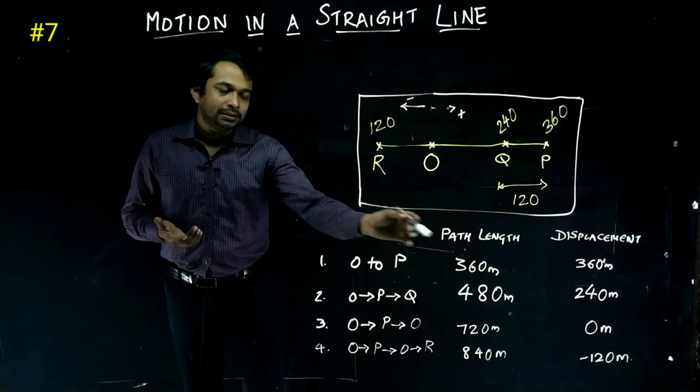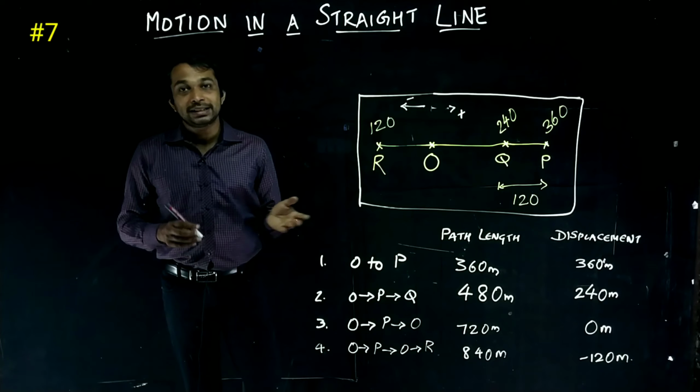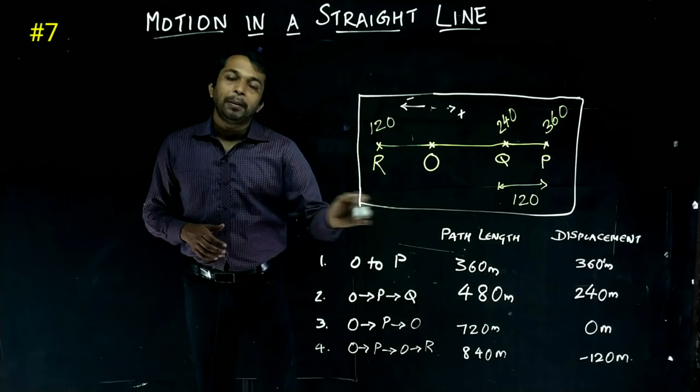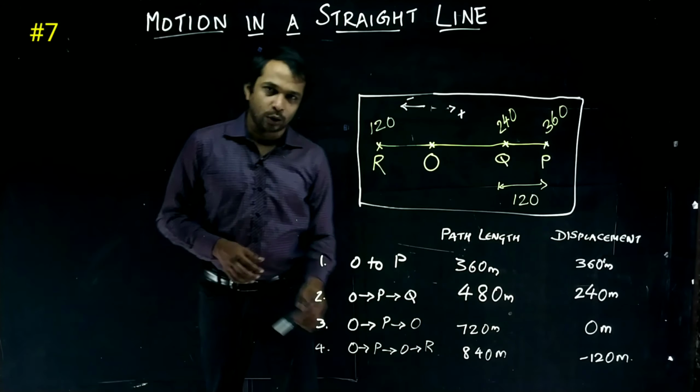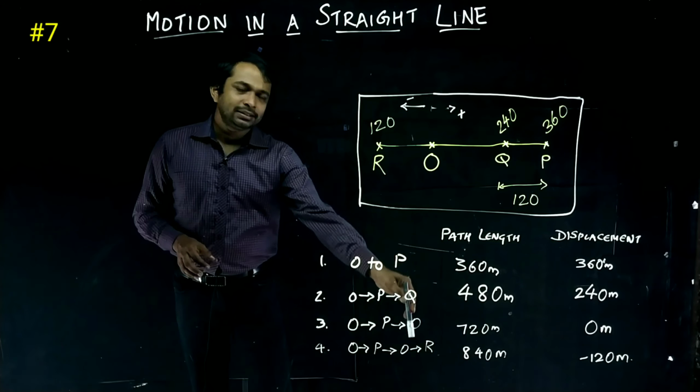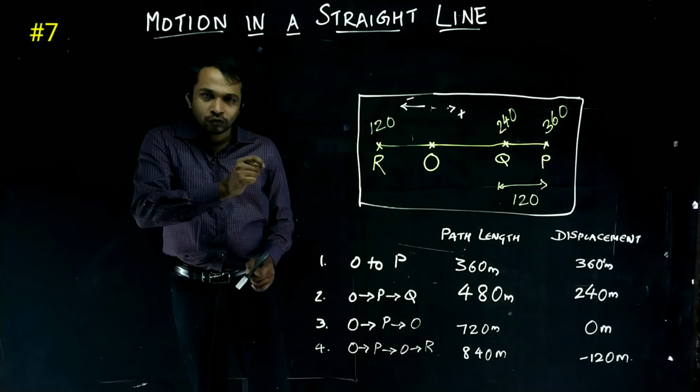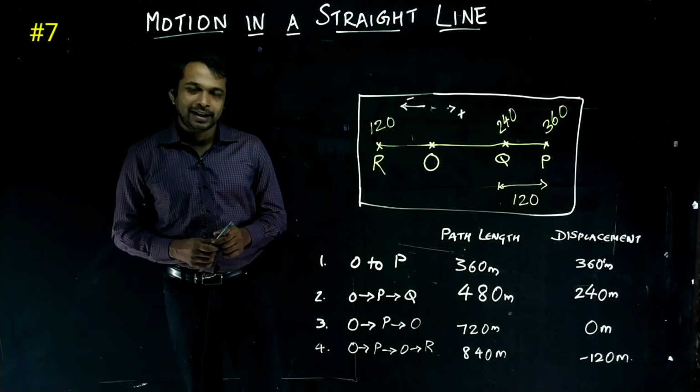You cannot have a case where the displacement is greater than the path length. The displacement can be 0, but path length, once the object has started moving, that will never come back to 0. Common sense, right?